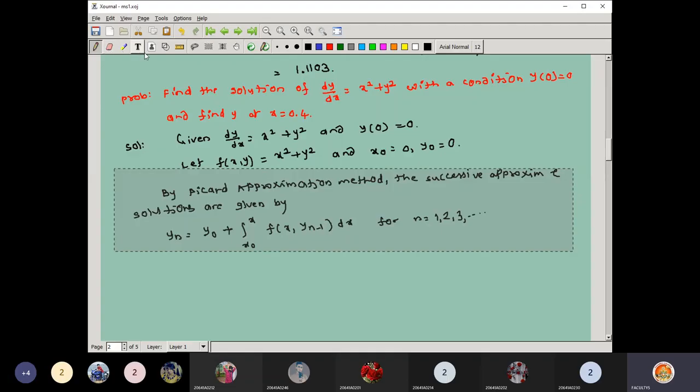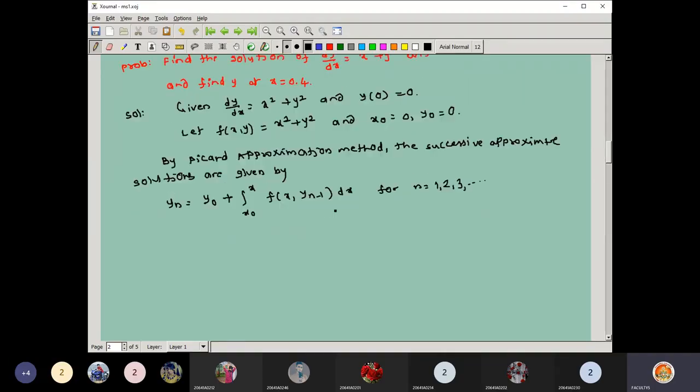So I'm using Picard's approximation method, the successive approximate solutions are given by, and I'm just using that particular formula in order to get your value.